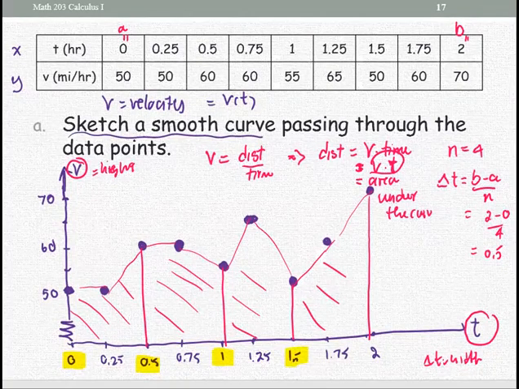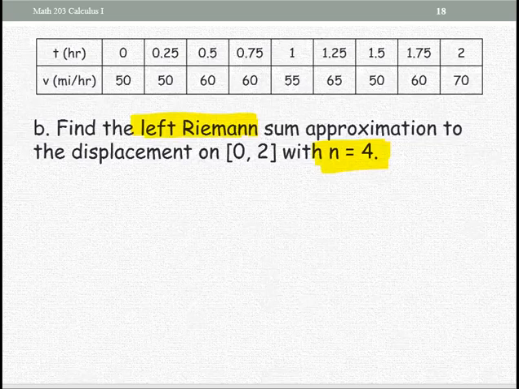So you're going to use t at 0, 0.5, 1, and 1.5. Does it make sense? So I'm going to make a list here. The t that we're going to use for calculation is t at 0, t at 0.5, t at 1, and t at 1.5. 4 points as the left 4 points.